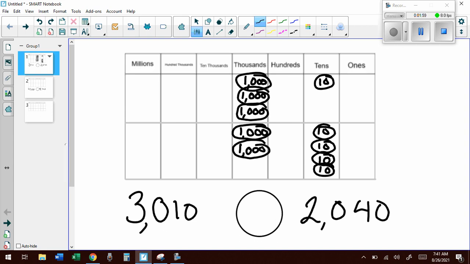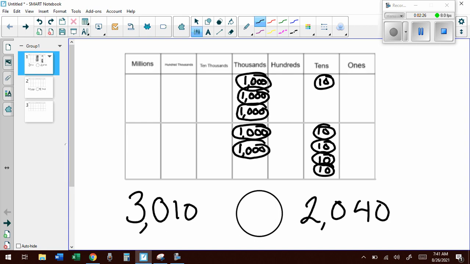In order to compare the value of these digits, you are only concerned with the larger place values. So here, the tens don't matter because we have thousands that we can compare. So the thousands are different. We're going to read these from left to right, so from higher up on the place value chart down to lower in the place value chart.